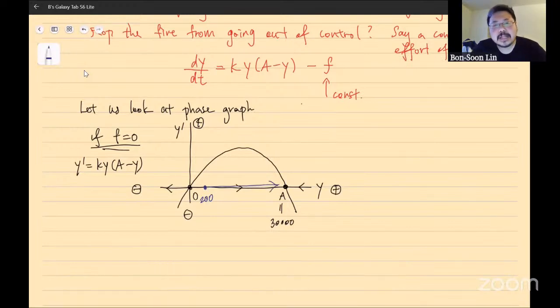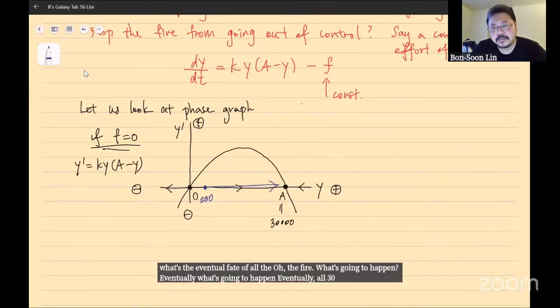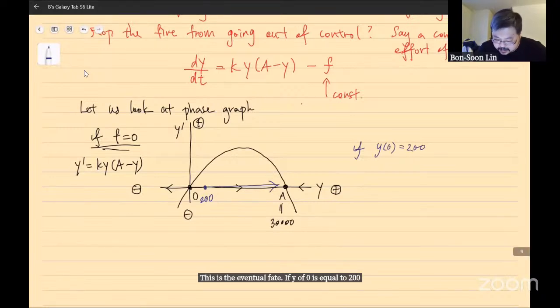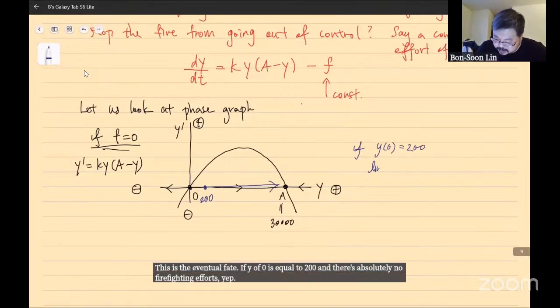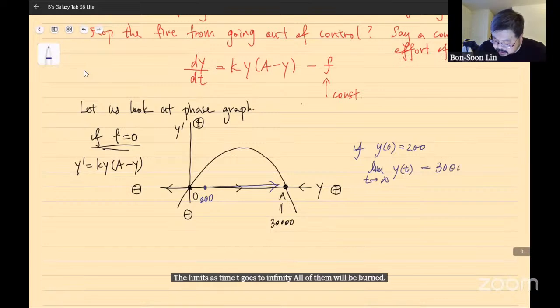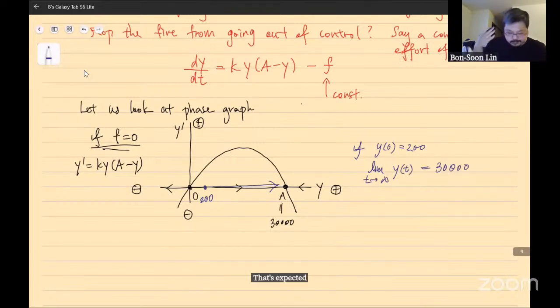Eventually, all 30,000 will be burned, right? Do we all agree? Okay. So this is the eventual fate. If y of 0 is equal to 200 and there's absolutely no firefighting efforts, the limit as time t goes to infinity, all of it will be burned. That's expected, it just makes sense. It also makes sense by the phase graph and the phase line.